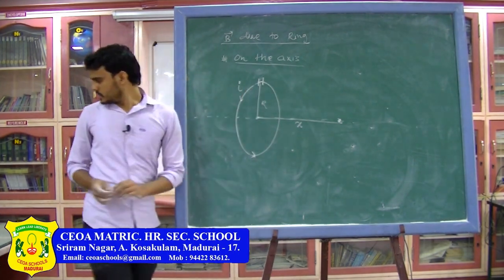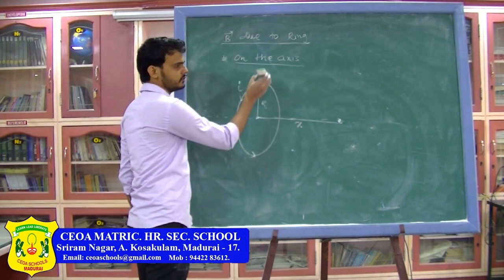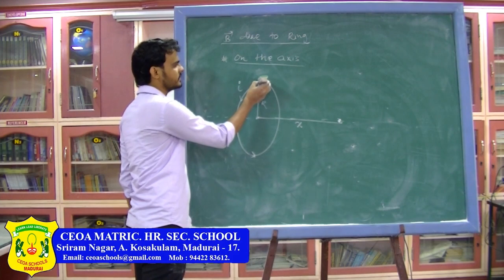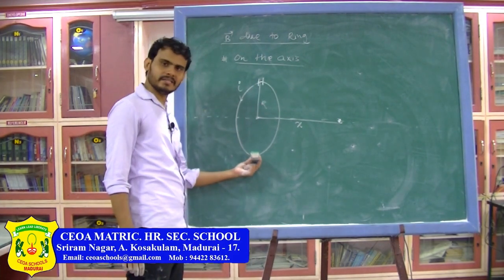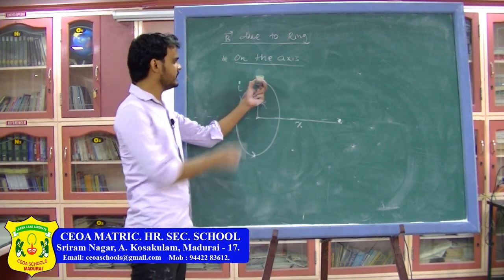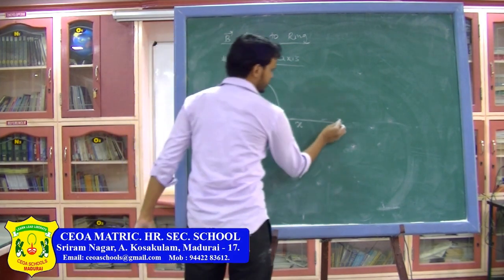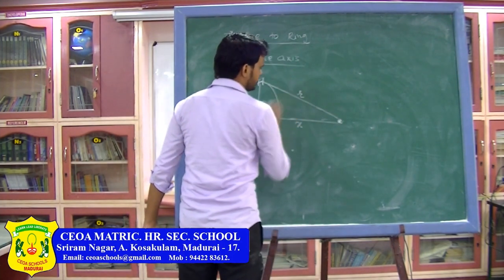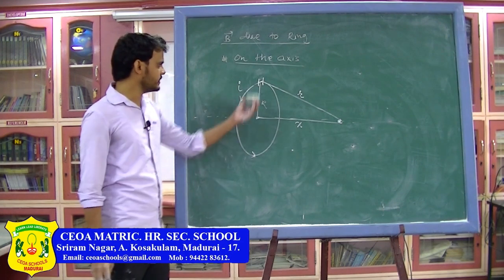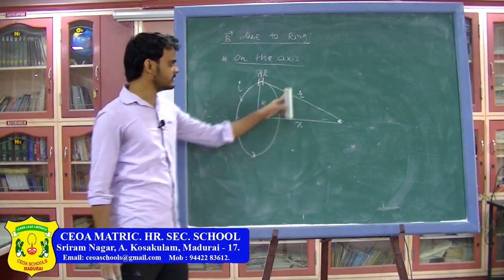Now if you see, the current element at the top is like this. So if you consider a ring like this, here this current element will be like this, and here also the current element will be like this. In this current element the current is flowing like this, and the point is here. I am going to assume this is dl and this distance is r.